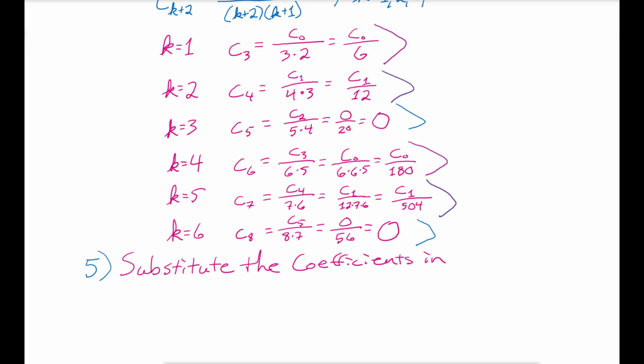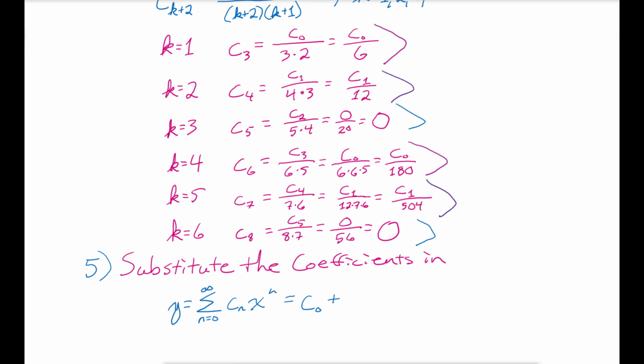So what do I mean by that? Well, we originally said that the solution to this thing was going to be some power series, y equals the sum from n equals 0 to infinity of c sub n times x to the n. So I already know what some of these values are. Plugging in 0, I have c sub 0, x to the 0, so 1. So I've just c sub 0. I don't know anything about c sub 0, so I leave it that way.